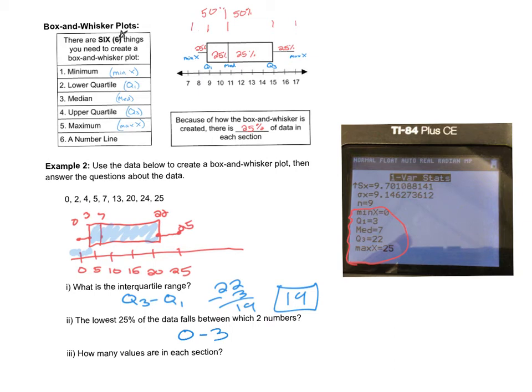And then how many values are in each section? Well, if there's 25% in each section, and we are looking at 9 values, 25% of 9 is going to give us roughly 2.25 per section.